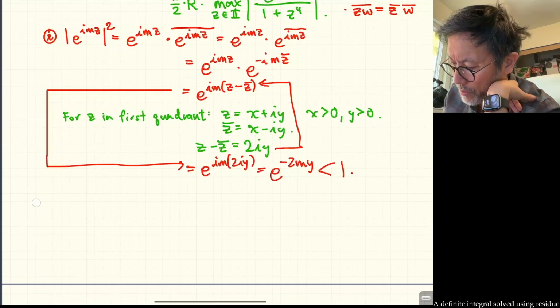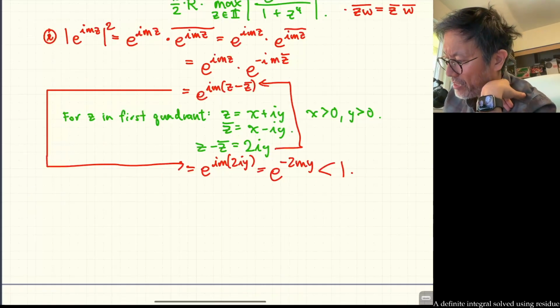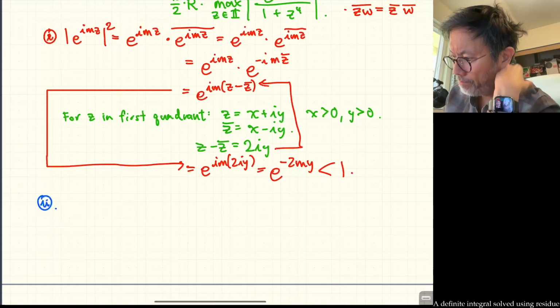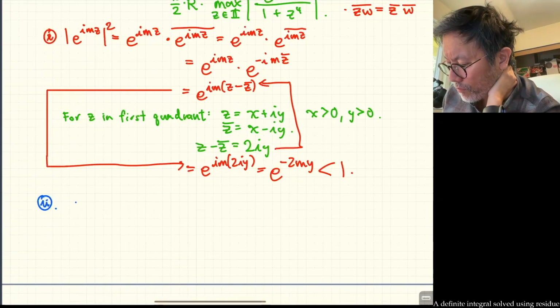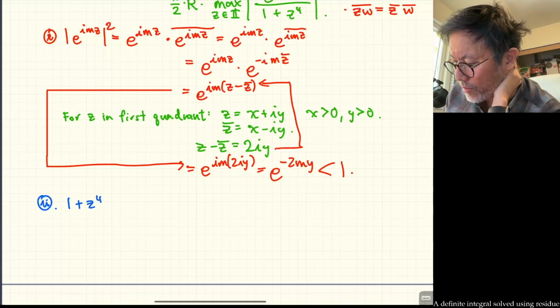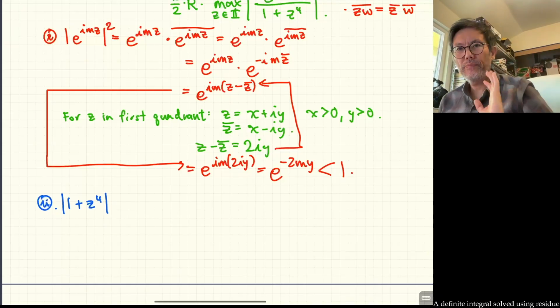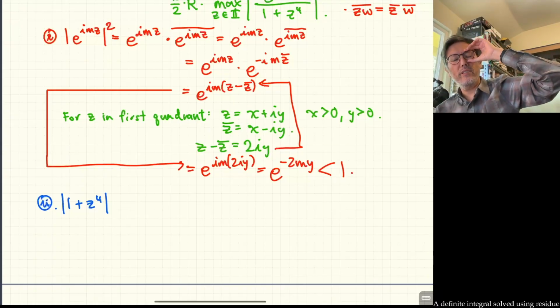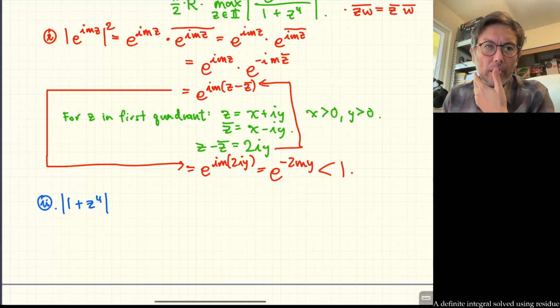Maybe I'll do it like this. I need to give some kind of estimate on that bottom guy. So I want to think about 1 plus z to the 4th in modulus, for z on this quarter circle arc.